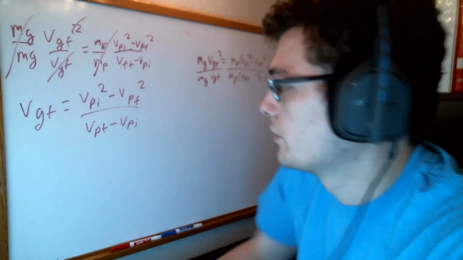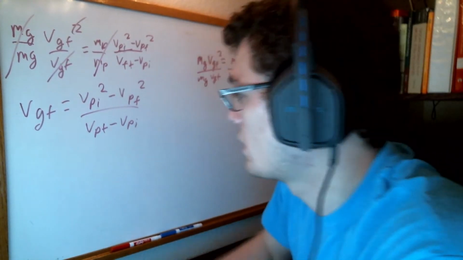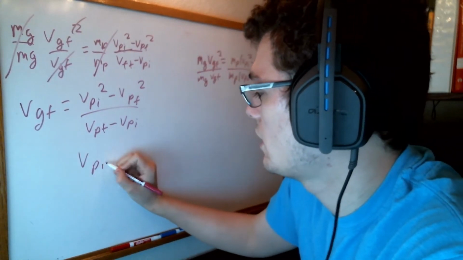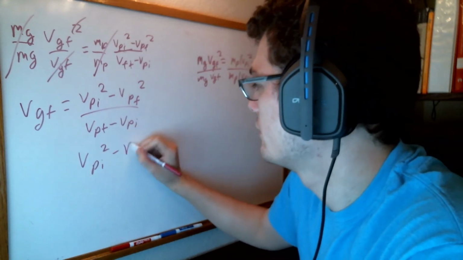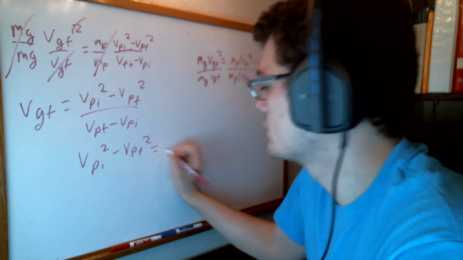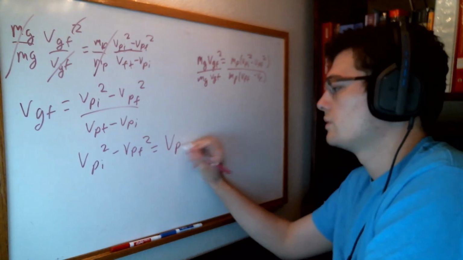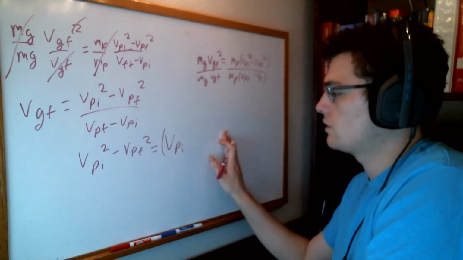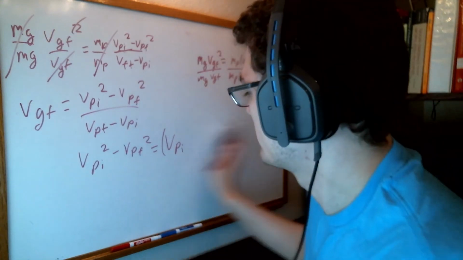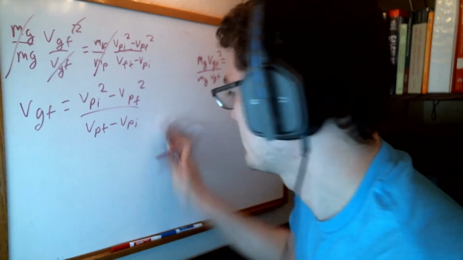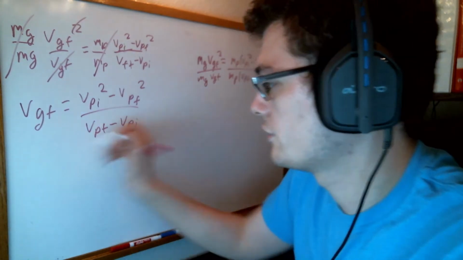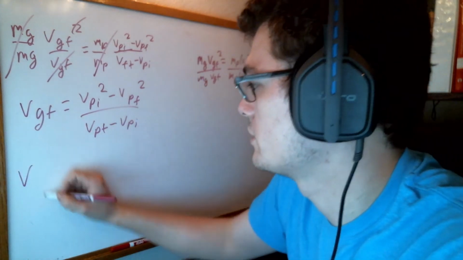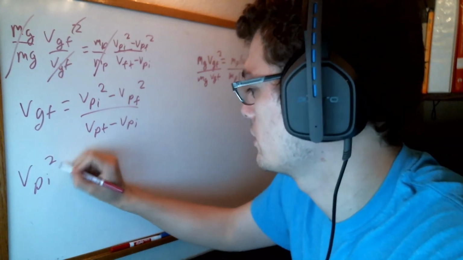And one thing that we can do here, this is a very tricky problem. So VPI squared minus VPF squared is going to be equal to, I'm going to slide this up for a little bit. What we're doing is we're factoring this. So there's going to be a difference formula here.